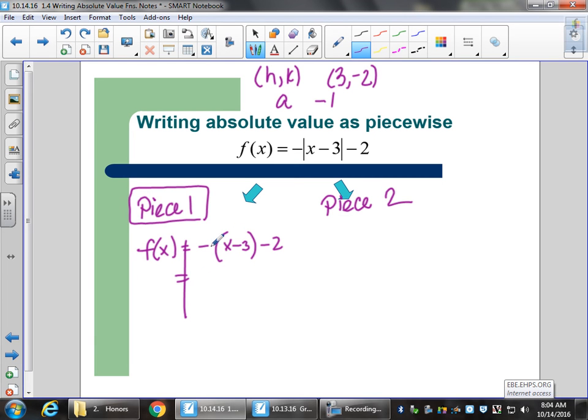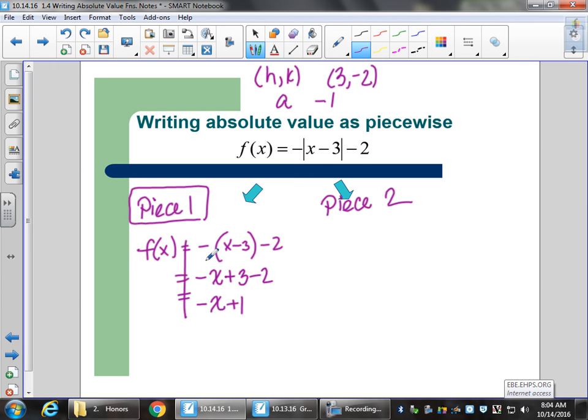Yes, these are no longer absolute value bars. These are now parentheses. So we're going to simplify, distribute the negative. What do we get? Negative x plus 3 minus 2. Combine like terms. This is negative x plus 1. So that's piece 1. We left A alone, left A however it was given to us, and we just solved.